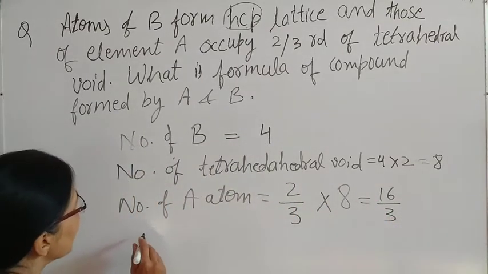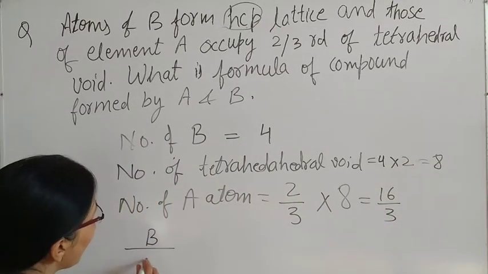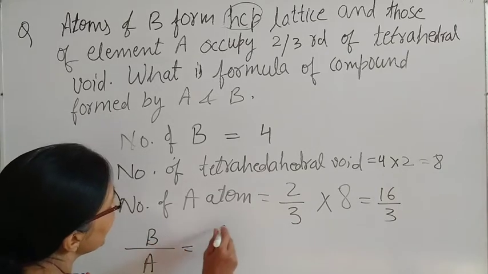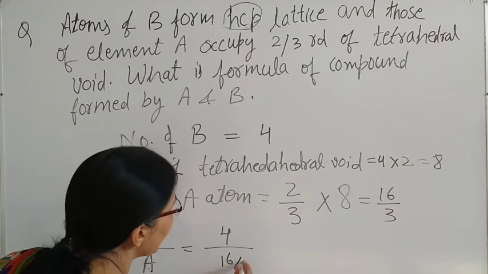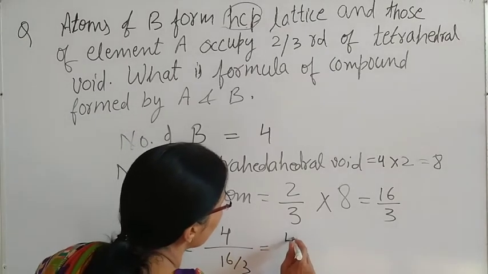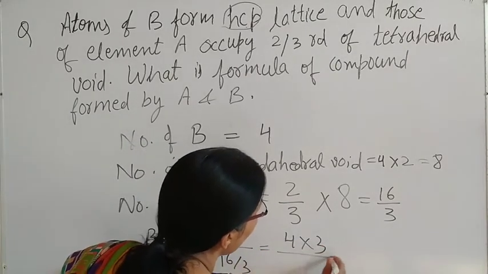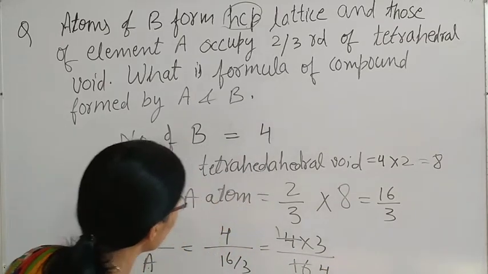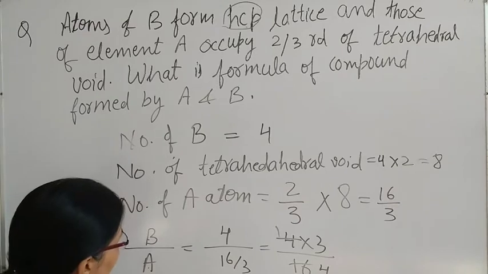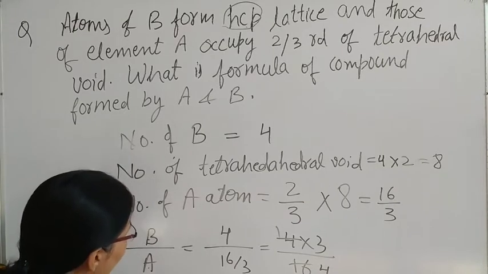So now the number of B atoms is 4 and the number of A atoms is 16 divided by 3. It will come as 4 into 3 upon 16. So B is 3, then A is 4.